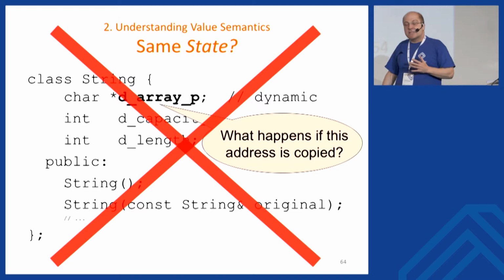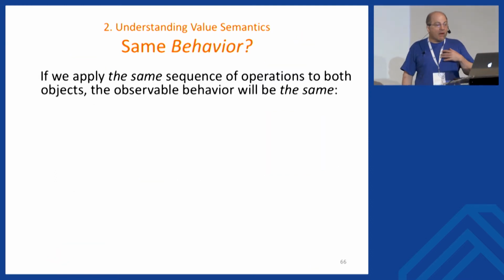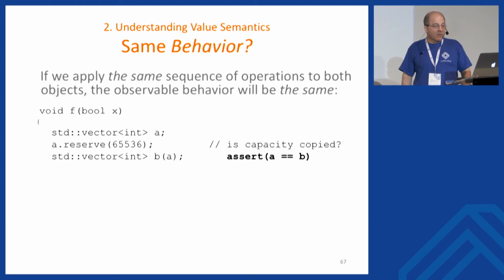So what needs to be true in order for two objects to represent the same value? What if we apply the same sequence of operations to two objects? Do they need to behave the same way in order for them to represent the same value?